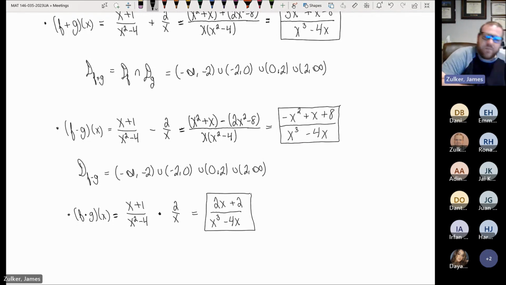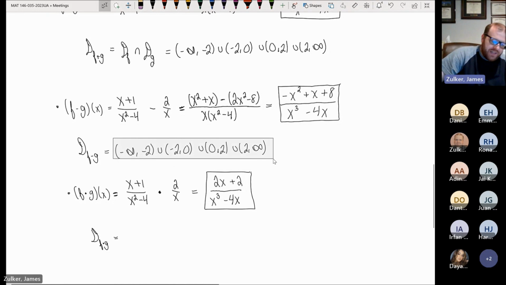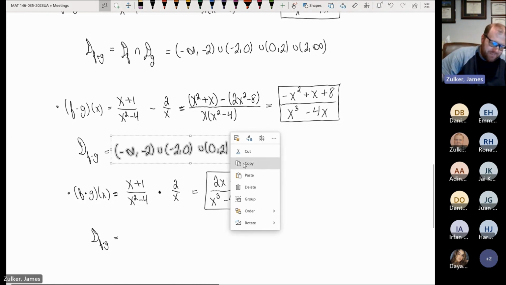So that would be an expression for f times g. The domain of f times g is also the intersection of the two domains, right? So it's going to be the same.